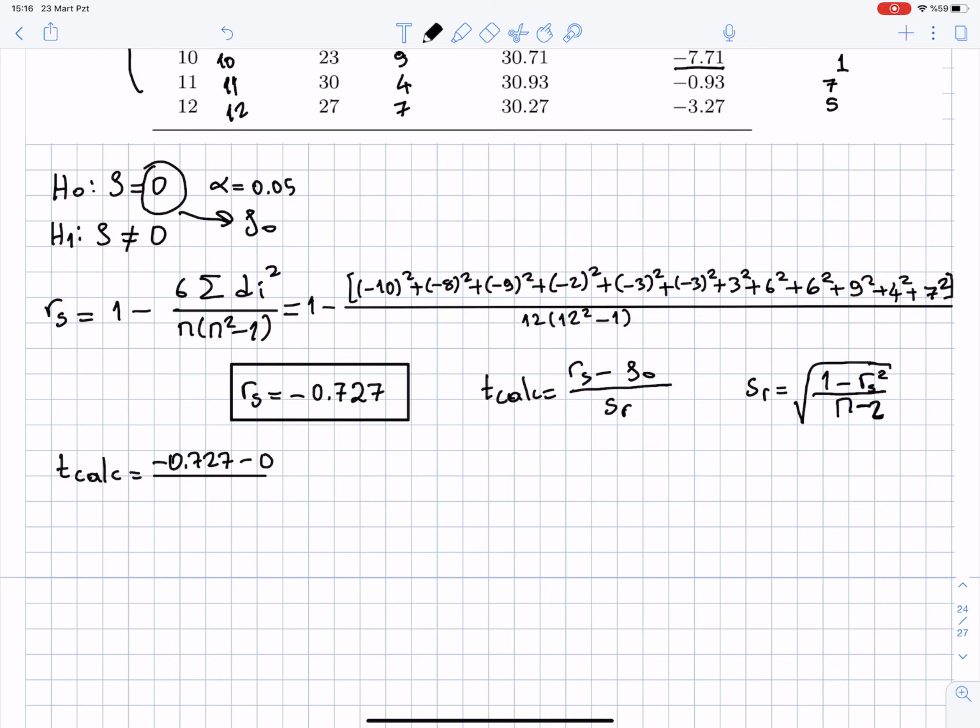So I'm going to write it directly, no calculation for this Spearman ranking correlation. This is going to be 1 minus 0.727 squared. Since it is a square, taking the positive or negative makes no difference, and that's divided by 12 minus 2.